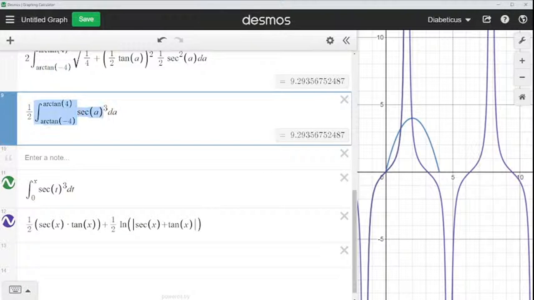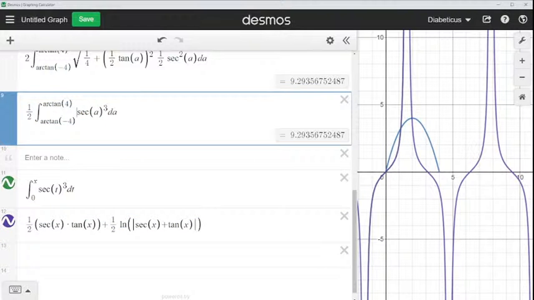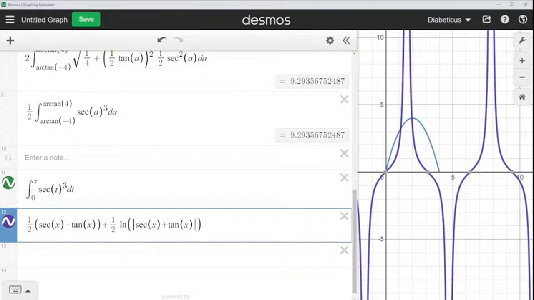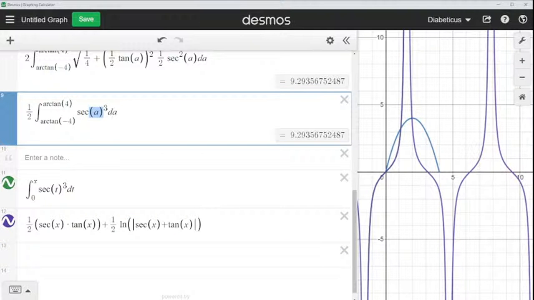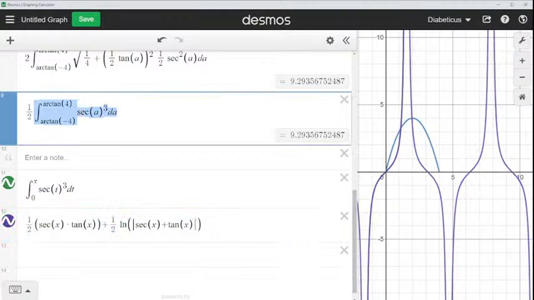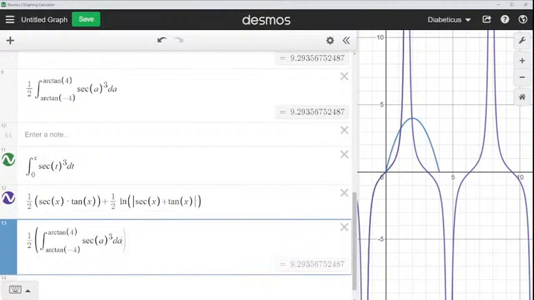Let's evaluate this integral here. Ignoring the bounds for a bit, we just replace this entire thing with A's. Well, this is just a simple substitution. Now that we have a formula for this, I'm just wrapping my head around how to do it. Something like this.